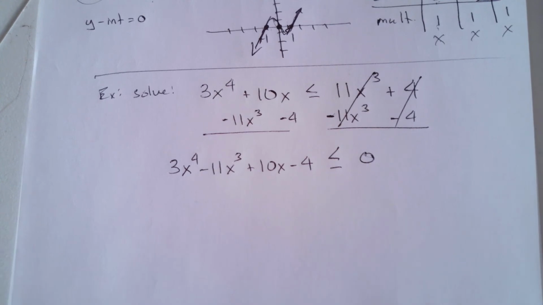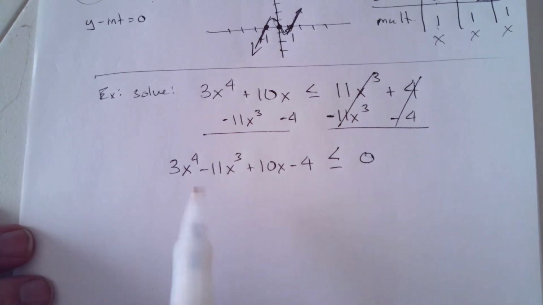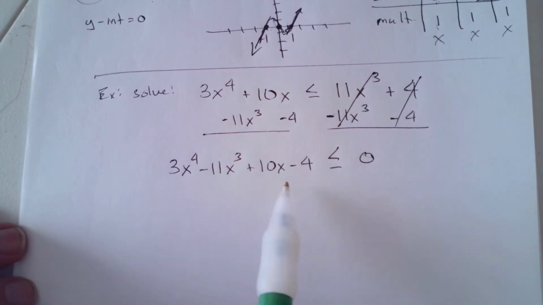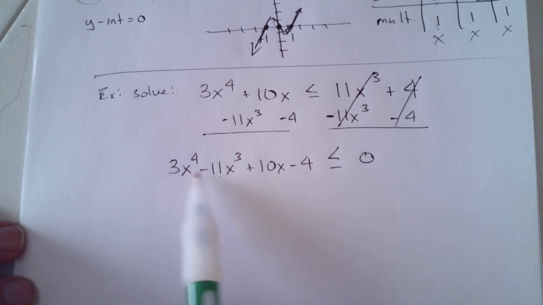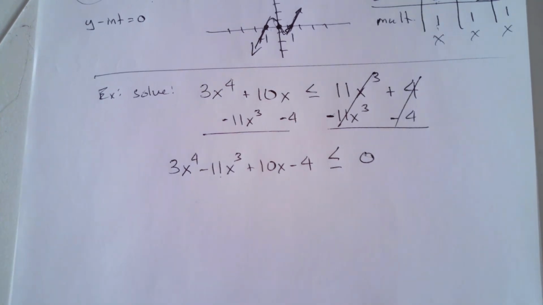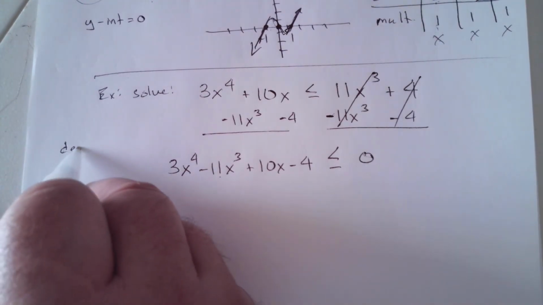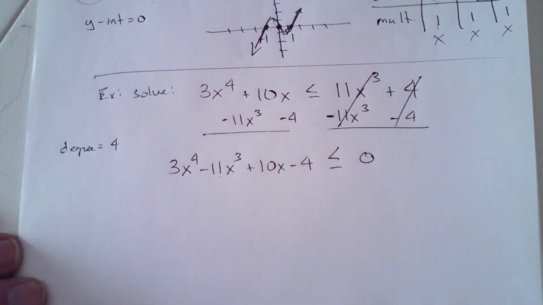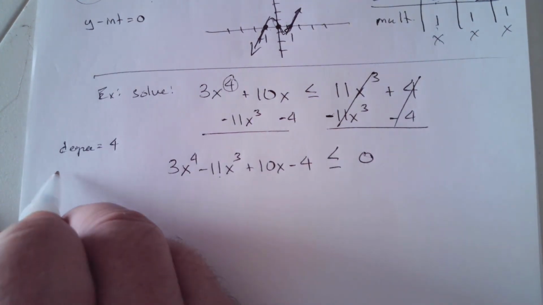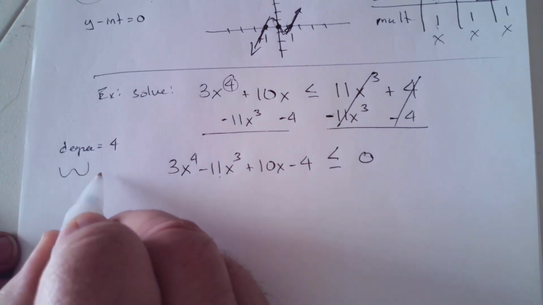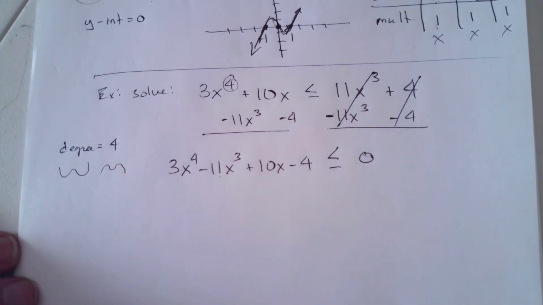Okay, now what do we do? This is only 4 terms, so we can see if we can use grouping. No, it wouldn't have the same factors inside, so we can't use grouping. So we have to figure out another way. We know the degree is 4. It's a 4th order equation. So that means the graph looks like this, or like this.